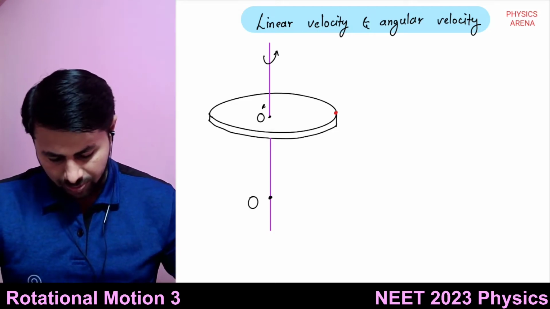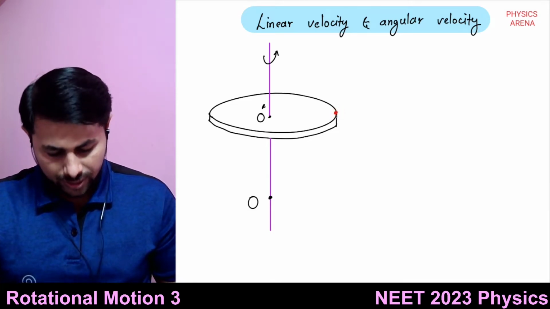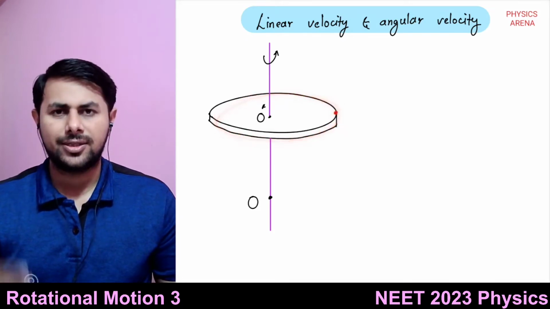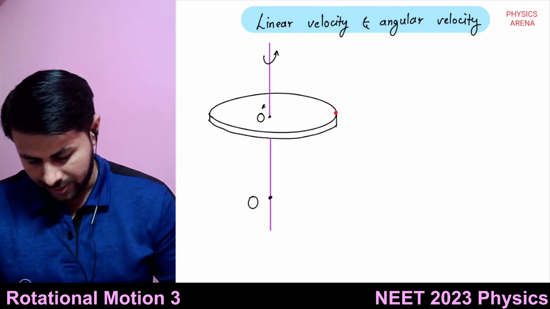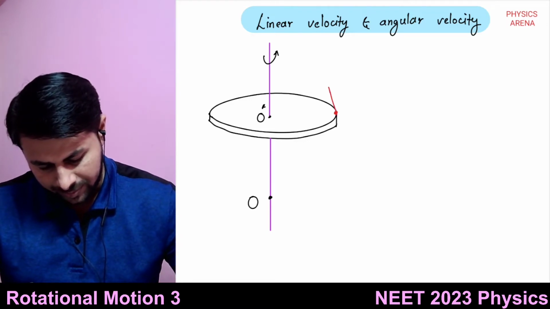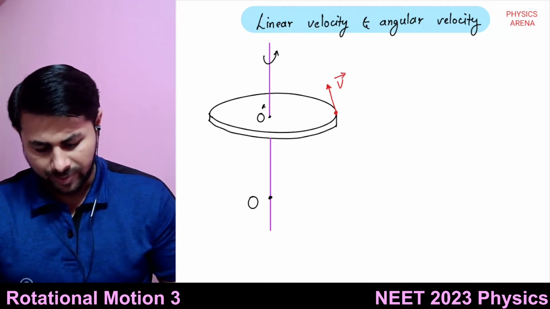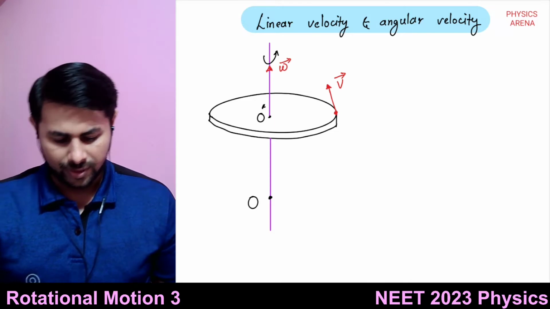So when this particle is at this position, it is performing circular motion, and its linear velocity will be directed in tangential direction. It will be directed like this, tangential at this point, v bar. Omega bar is directed vertically upwards, right?